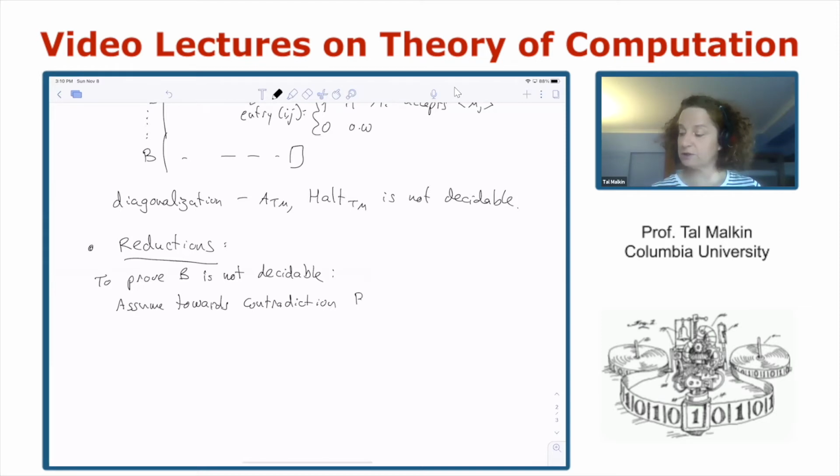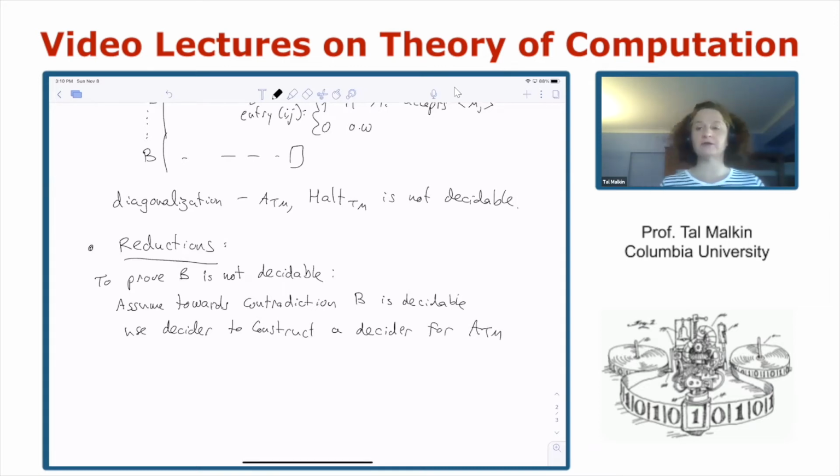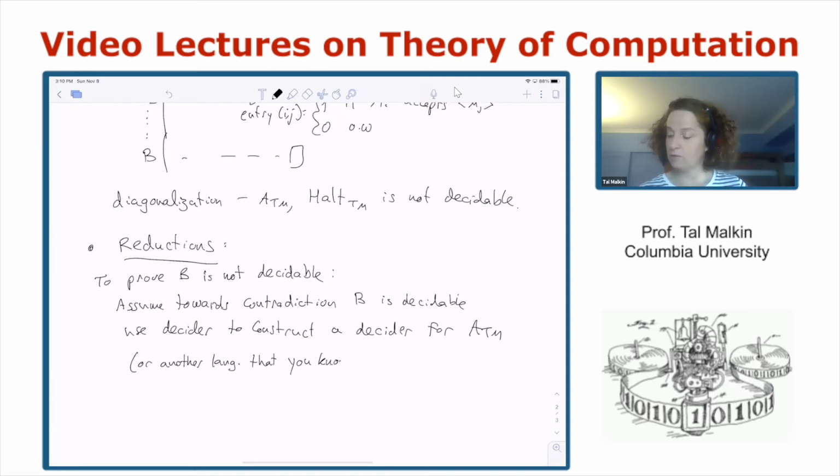Assume towards contradiction that B is decidable, and then use the decider to construct a decider for ATM, or for any other language that you know is undecidable.